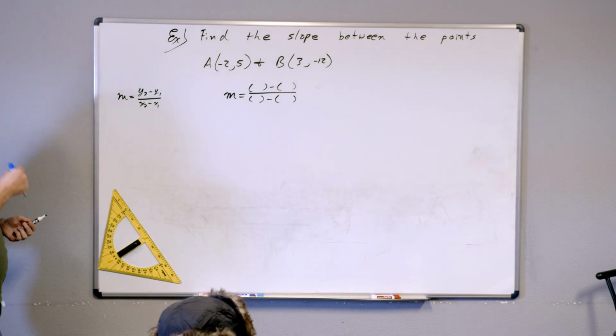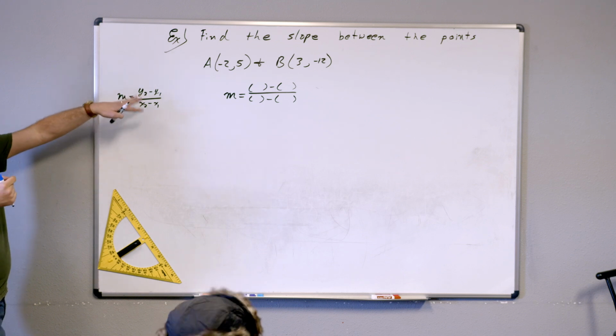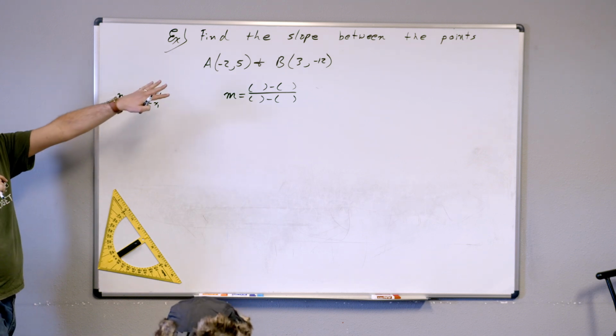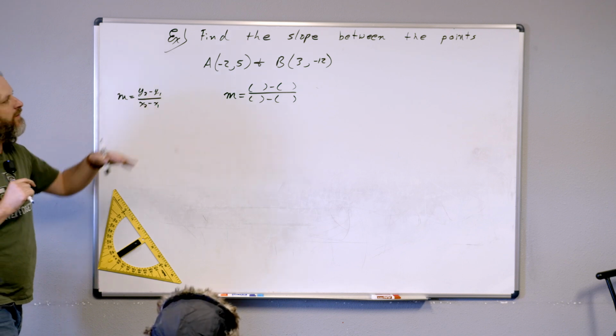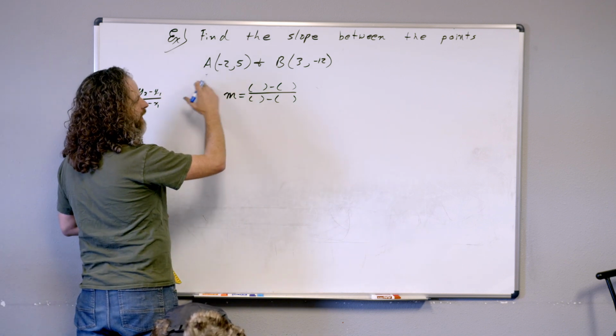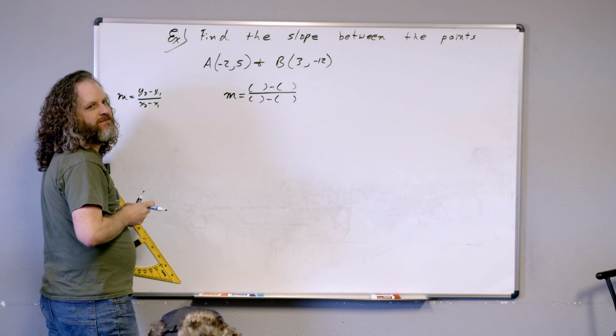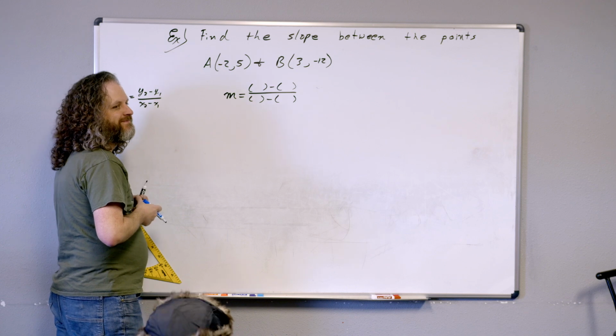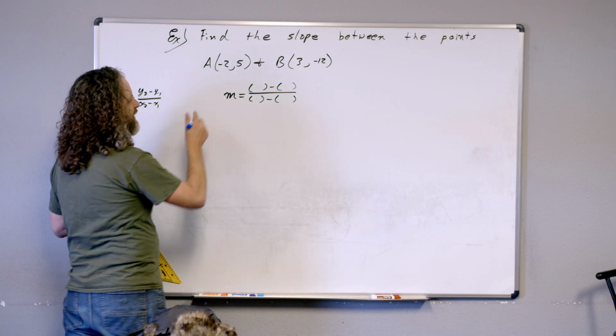Okay. I find it can be helpful to label X1 and Y1 and all of this stuff up on those letters. Right? So points go YX or XY? They go XY.